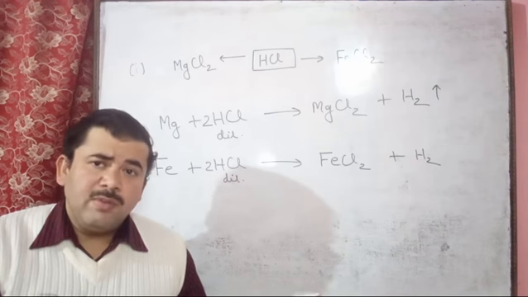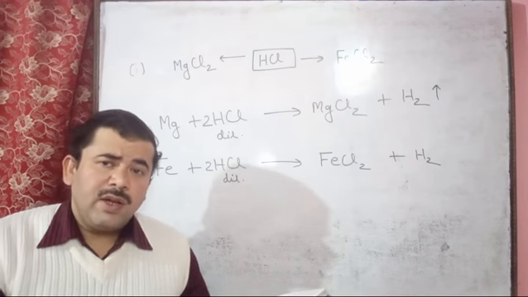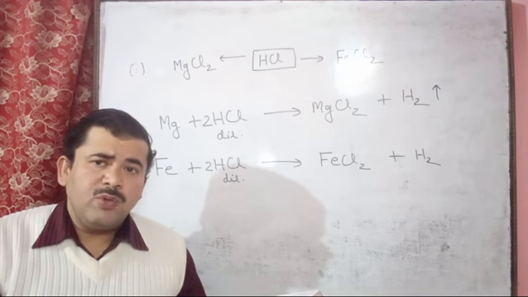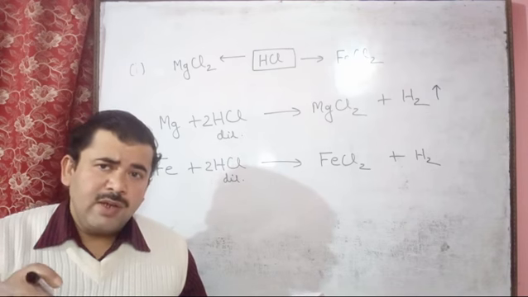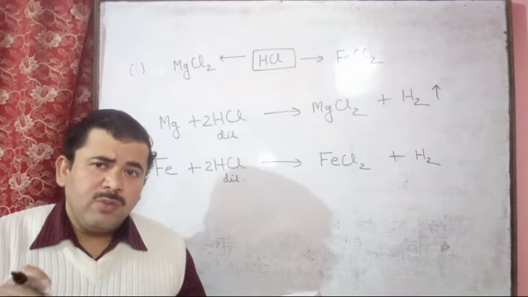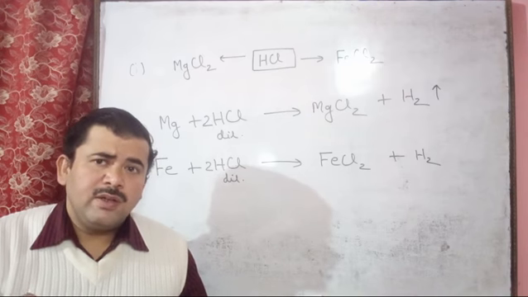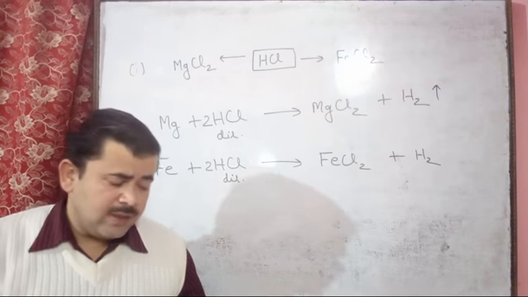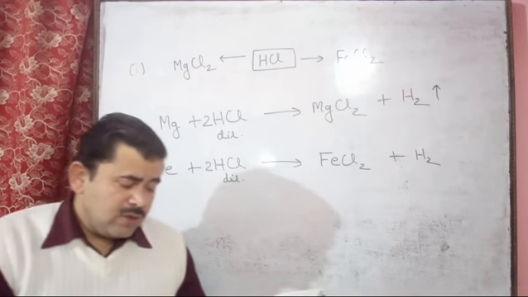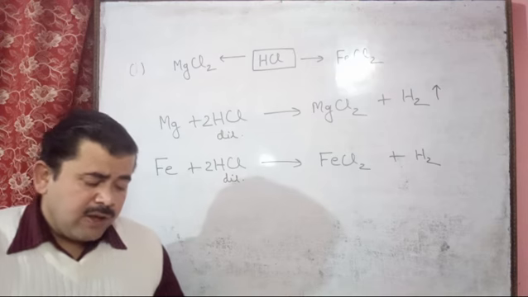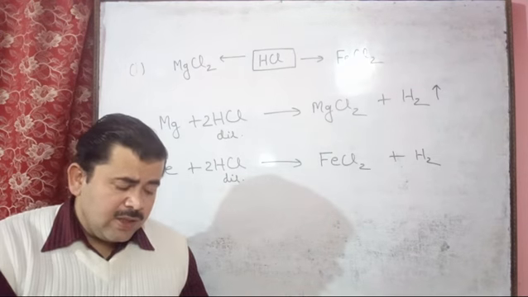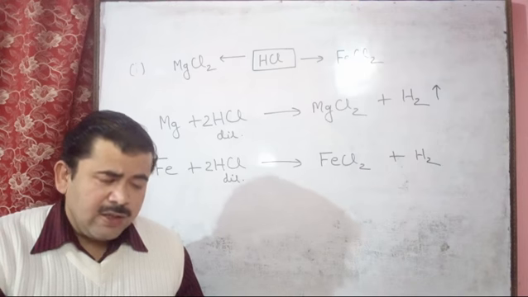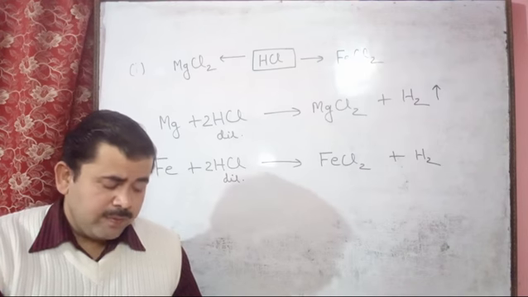The reaction will be slow because no impurities are present in pure zinc. A little bit of impurities should be present, and these impurities enhance the chemical reaction. So here the reaction will be slow.